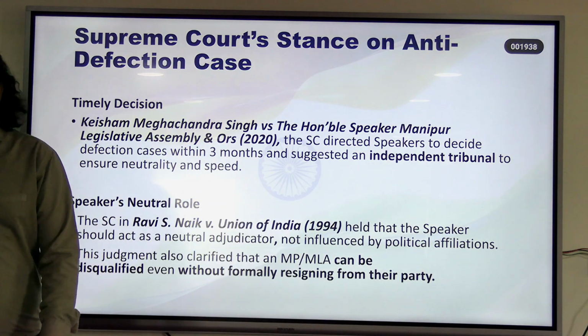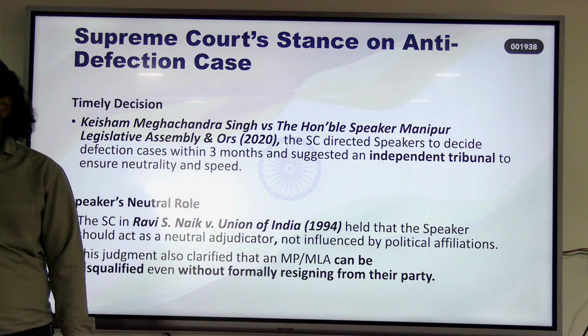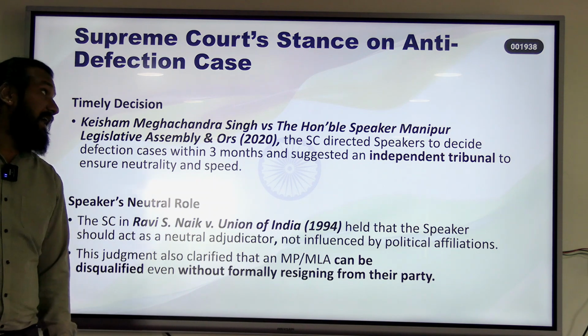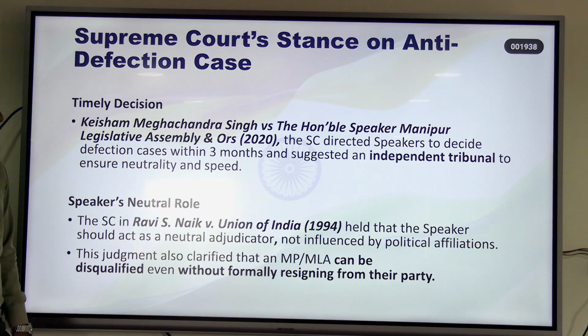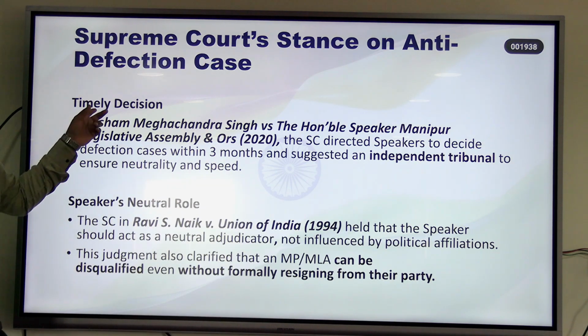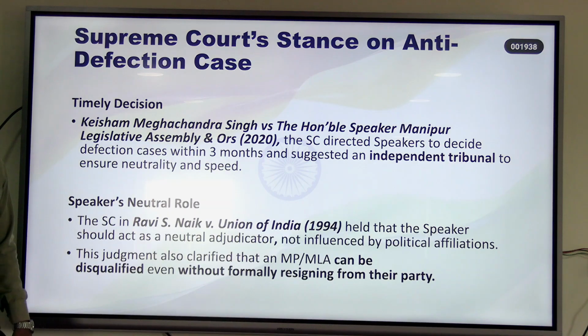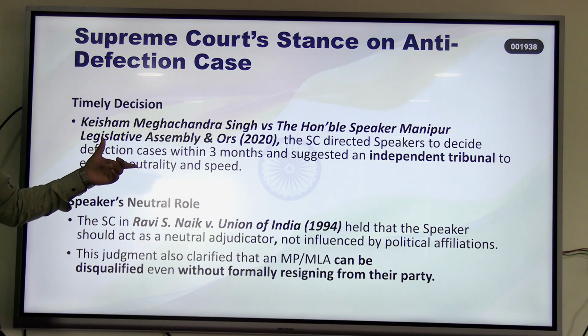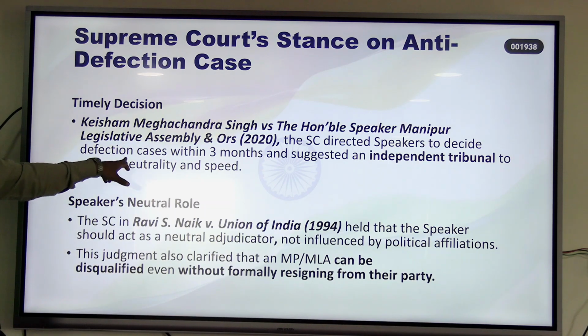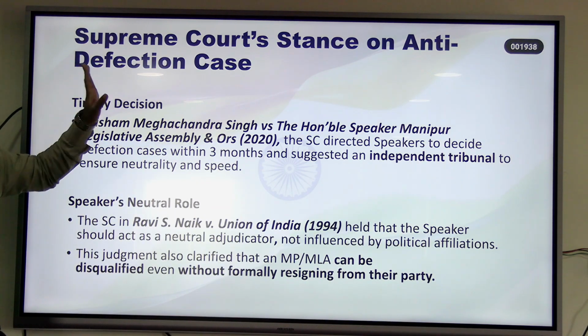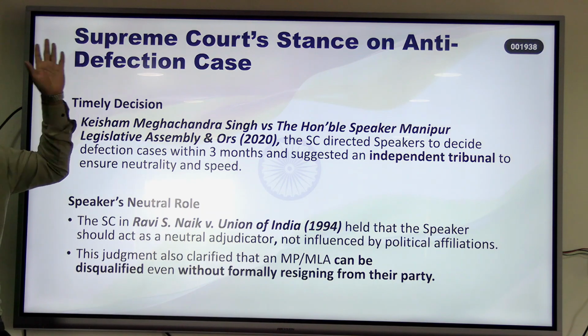Then what about the judgments of the Supreme Court? What does the Supreme Court say regarding this anti-defection law? So we have one case, the Manipur speaker case and Manipur MLA case. Under that case, the Supreme Court ruled that the speaker has to decide the defection within how many months? 3 months. Earlier the time limit was not there.